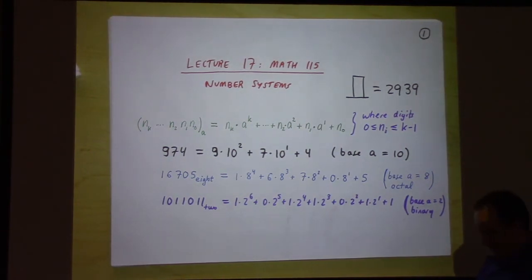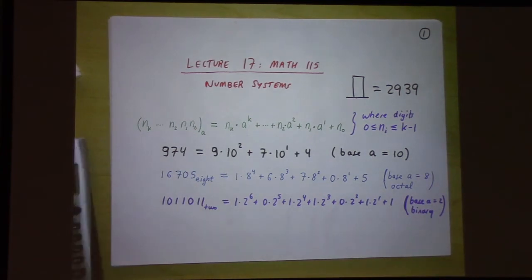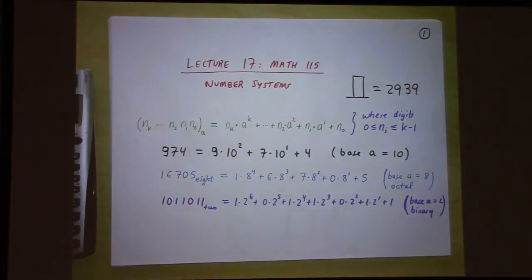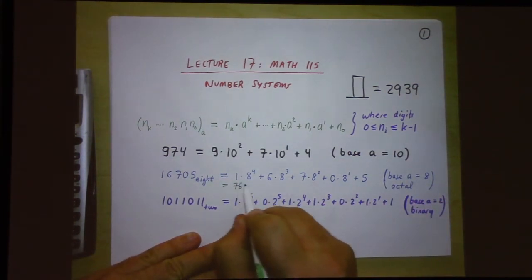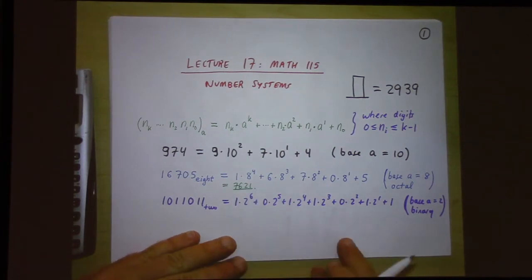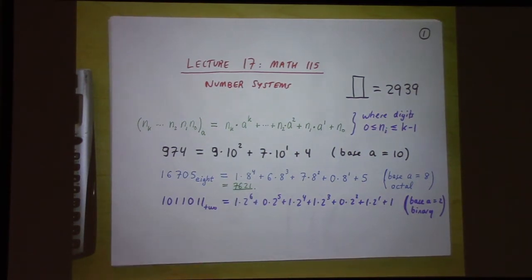So 8 to the 4th plus 6 times 8 cubed plus 7 times 64 plus 5. I get 7,621 in the usual number system, right? So this guy is equal to 7,621.